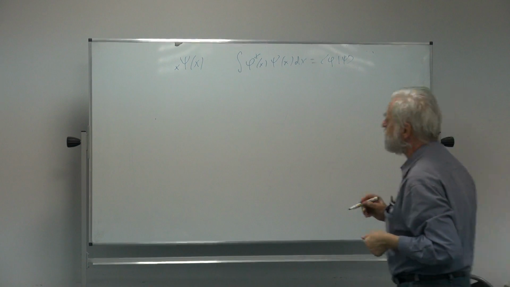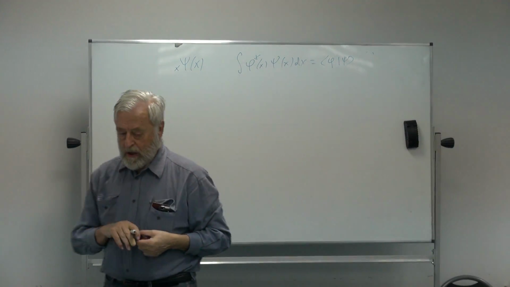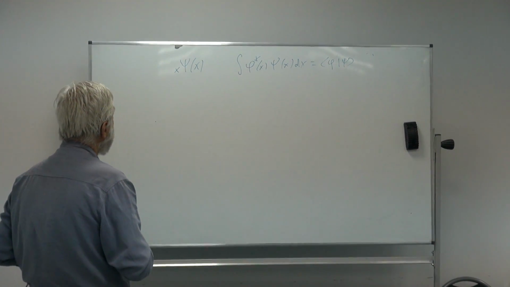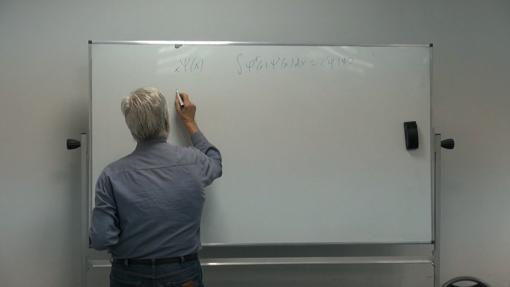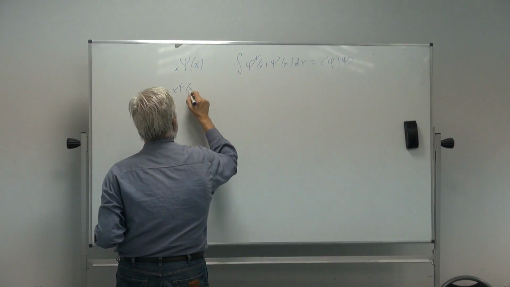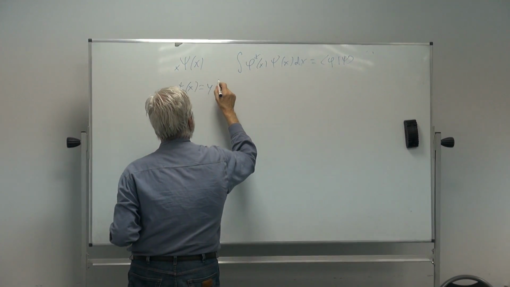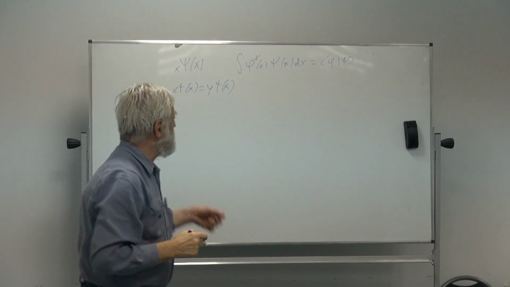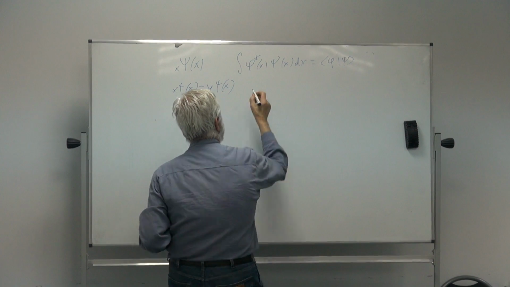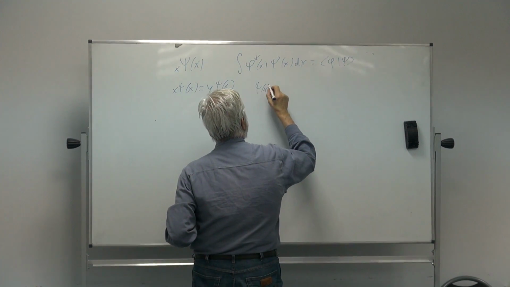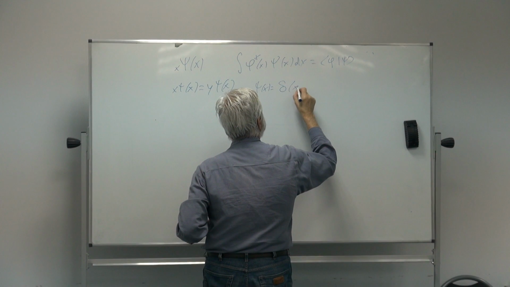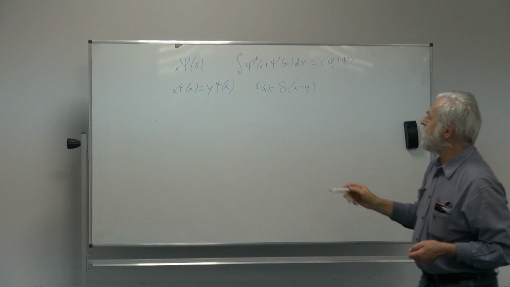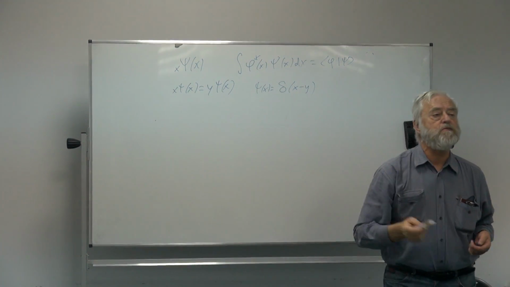I even mentioned last week that we know what the eigenvectors of this operator are. Namely, if I act with this operator and ask for the eigenvalue y, then of course this simple equation is immediately solved by a delta of x minus y. y can be anything from minus to plus infinity.